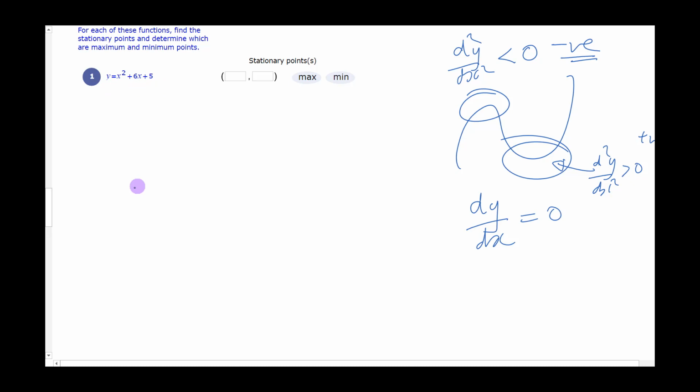So let's differentiate this. So we get dy by dx equals 2x plus 6. We want to find out where there are stationary points. So we need dy by dx equal to 0. And we solve that, we get minus 6 equals 2x, so minus 3 equals x.